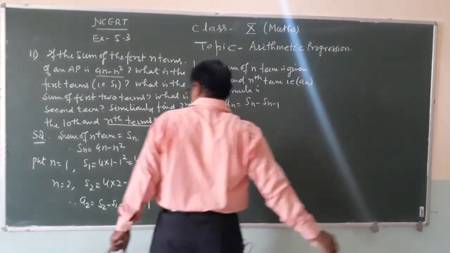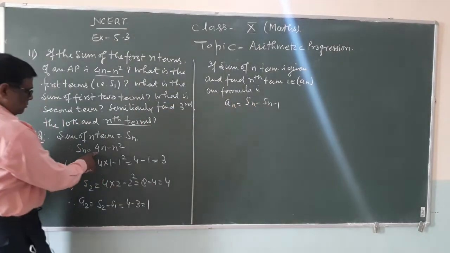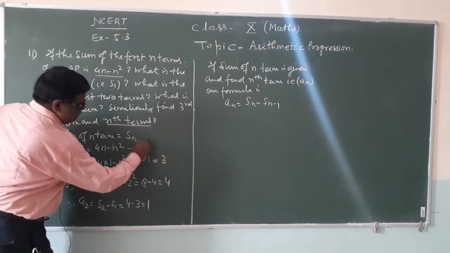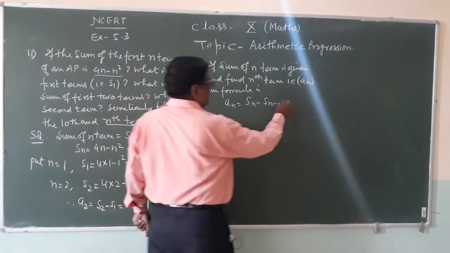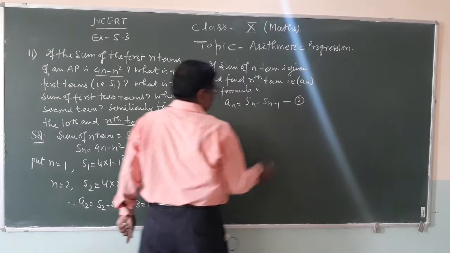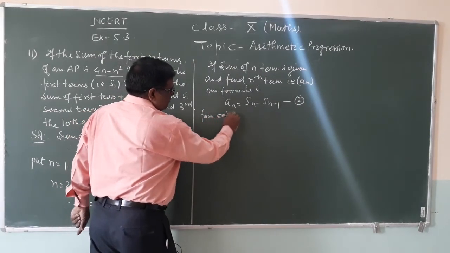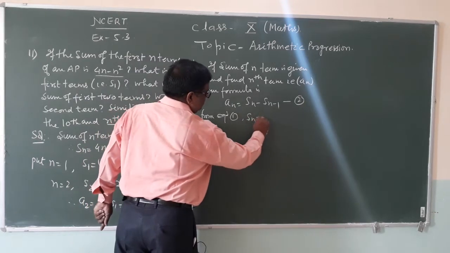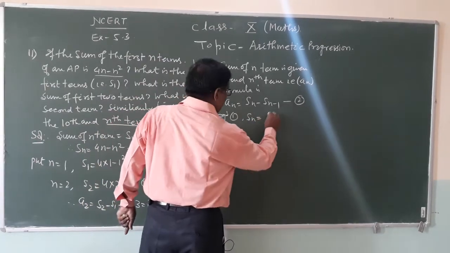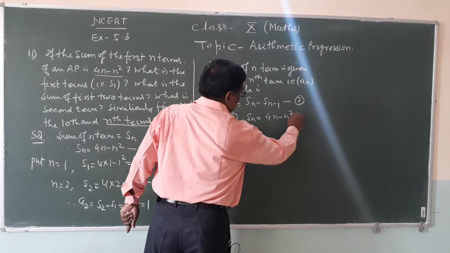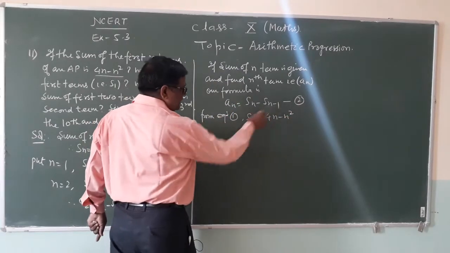Now, Sn is equal to 4n minus n square, this is equation 1, and this is equation 2. From equation 1, Sn is equal to 4n minus n square. Now we have to put n is equal to n minus 1.